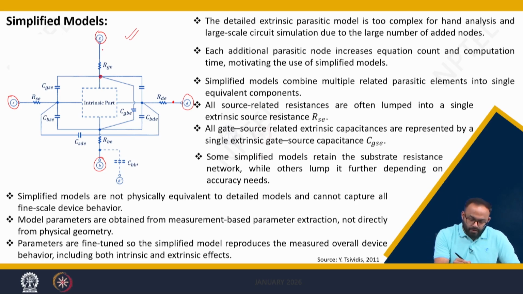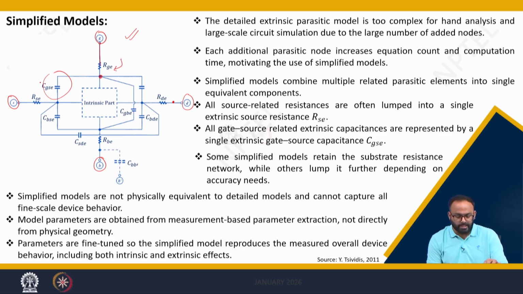That is, we try to incorporate all possible resistances in one equivalent resistance, correct? Similarly, all possible capacitance effects between these two terminals can be shown by a single capacitance, let's say CGSE, correct? This is an intrinsic part of the MOSFET.